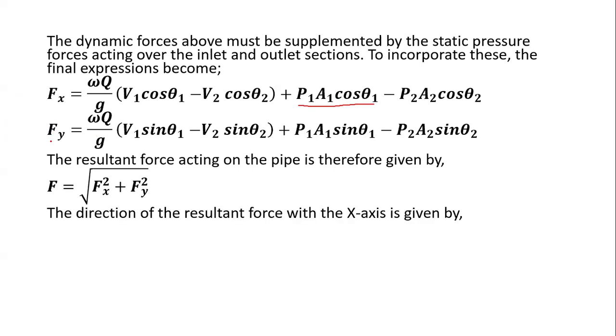Then the angle of this resultant, the direction, is tan theta equals Fy over Fx, meaning that your theta is tan inverse of this ratio Fy over Fx. So whenever you need to find the direction of this resultant force, you introduce theta, the angle.